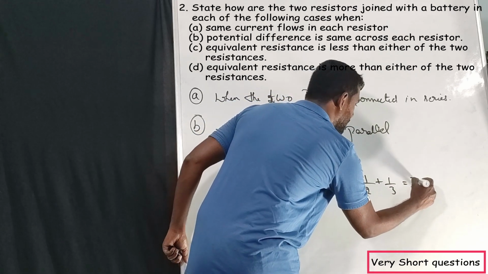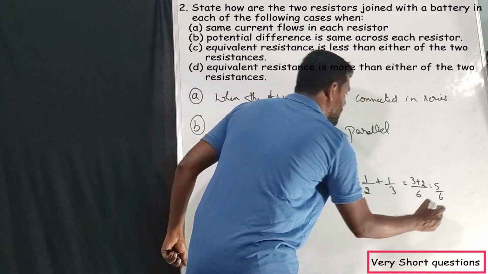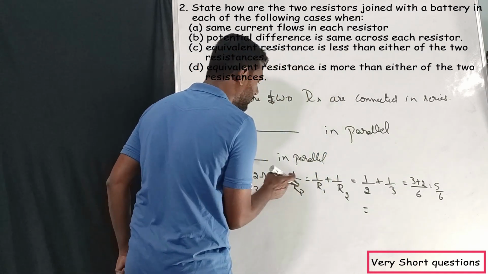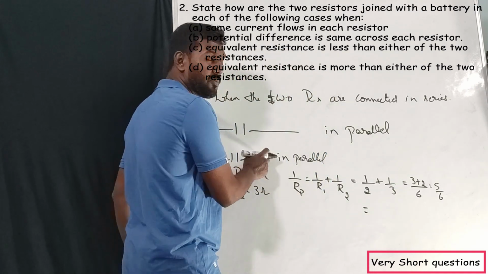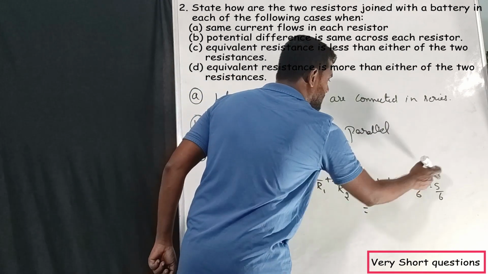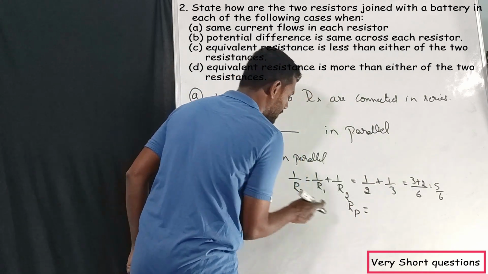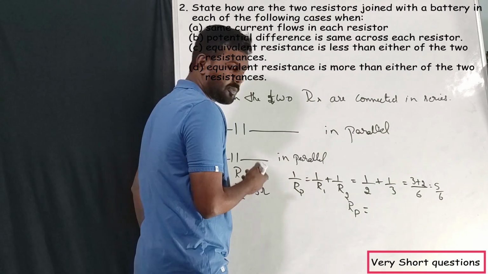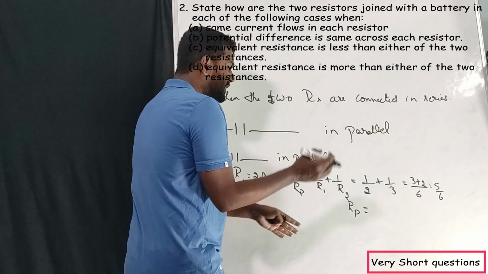This will be 3 plus 2, it is 5 by 6. Now, we are not finding Rp, we are finding 1 by Rp, right? So for the final answer we have to take the reciprocal because it is 1 by Rp. If it is Rp, no need to take the reciprocal. It is 1 by Rp, so take the reciprocal.